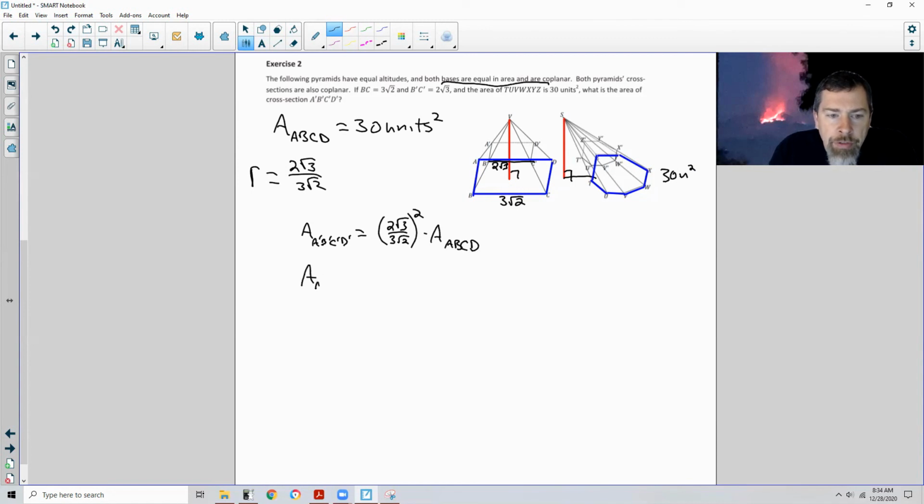So the area of A prime, B prime, C prime, D prime equals, now careful with this, you need to distribute. So 2 times 2 is 4, or 2 squared, I should say. And the square root of 3 squared is 3 over 3 squared, which is 9. Square root of 2 squared is 2 times the area of ABCD, which is 30 square units.